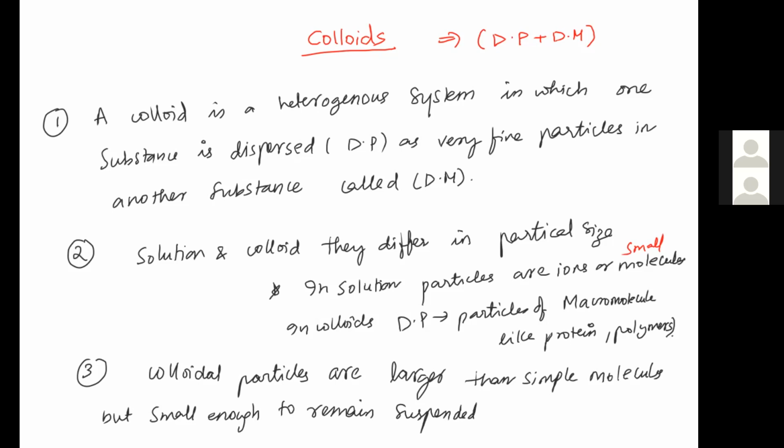So they have a range, I already said, 1 nanometer to 1000 nanometer, which is 10 power minus 9 to 10 power minus 6 meters. This is important. In NEET, they might directly ask you the value.